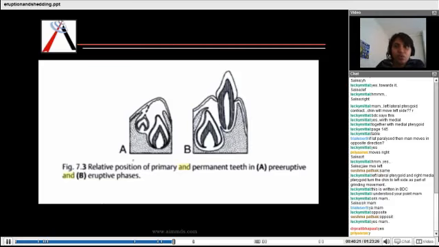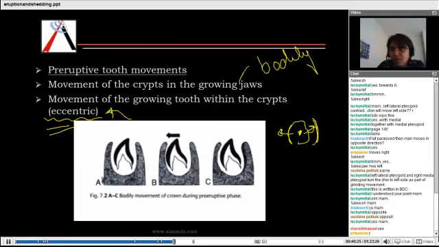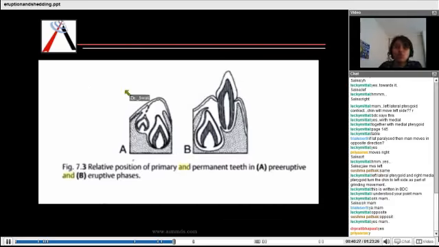Yeah. So that was the pre-eruptive movement. Now, there's one more thing about the pre-eruptive and eruptive phases, which is the position of the permanent tooth bud in relation to the deciduous. It changes. Initially, the permanent tooth bud is positioned exactly lingual to the deciduous.